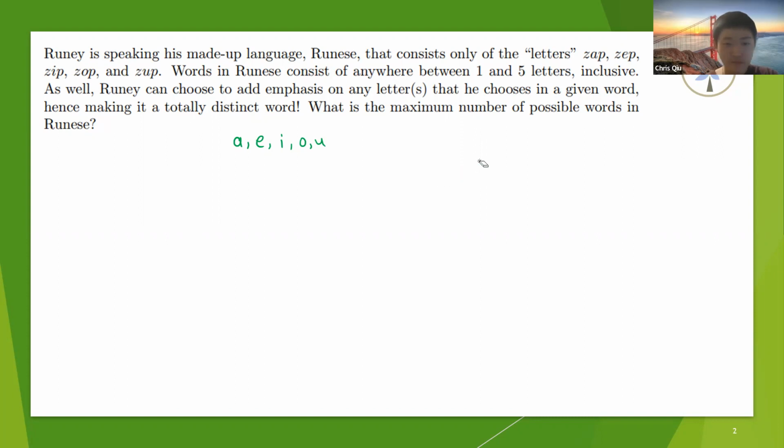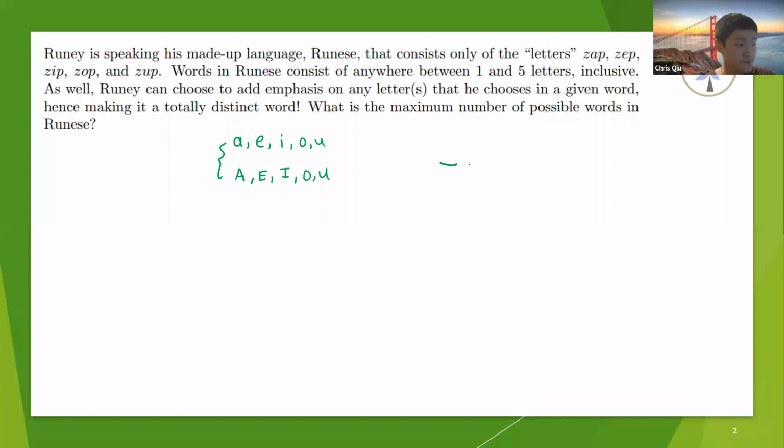So as for these letters, we could write them as capital A, capital E, capital I, capital O, and capital U. So in Rooney's, we can put any of these 10 distinct letters in any order you want to form a word.